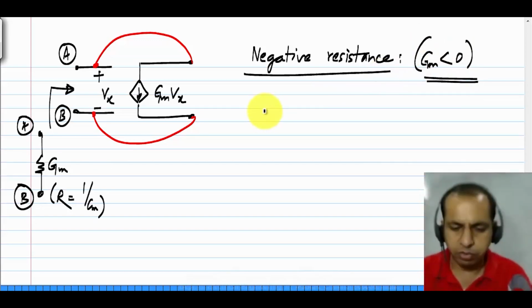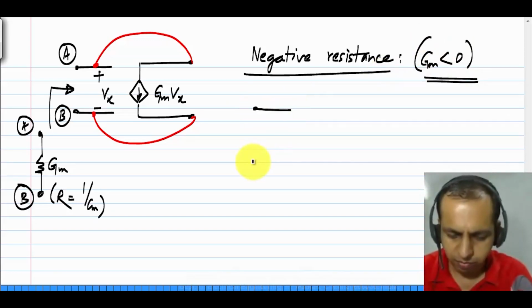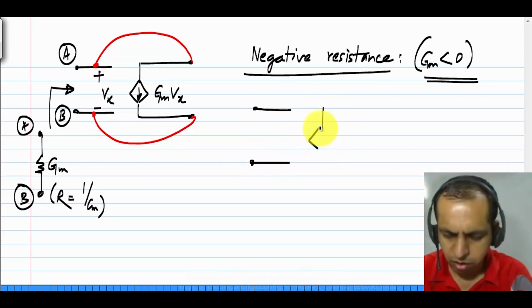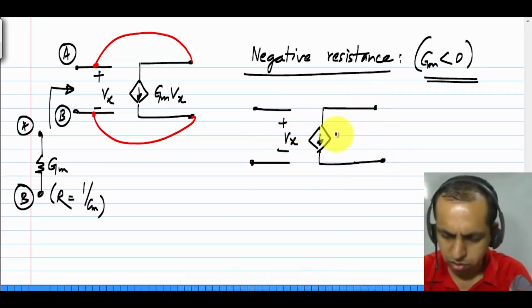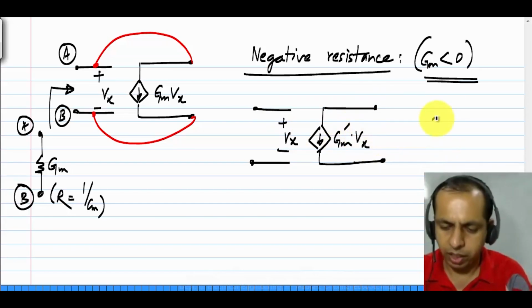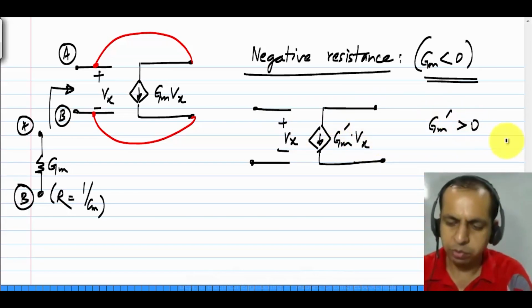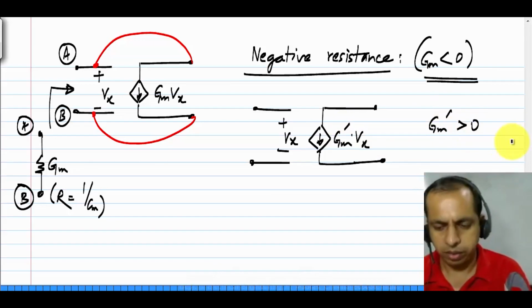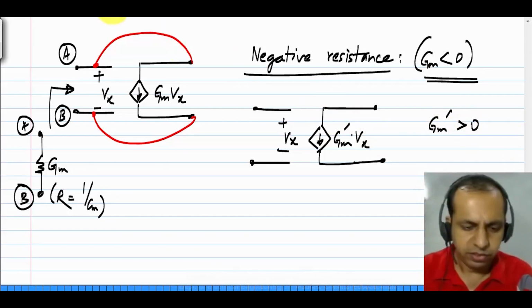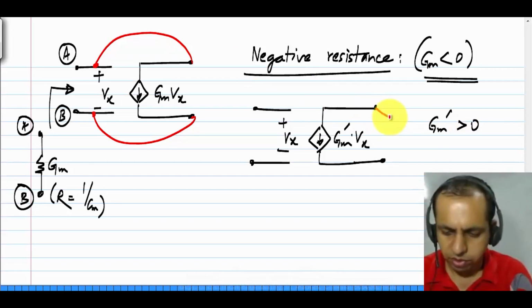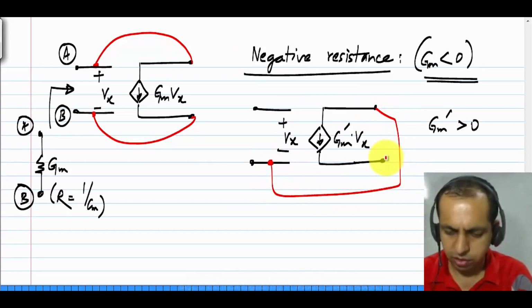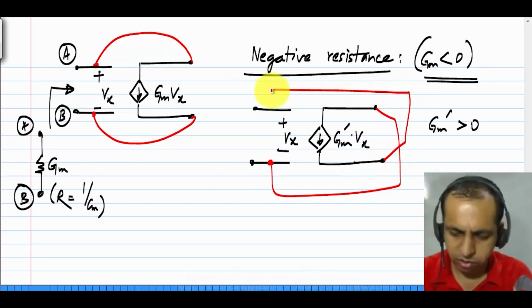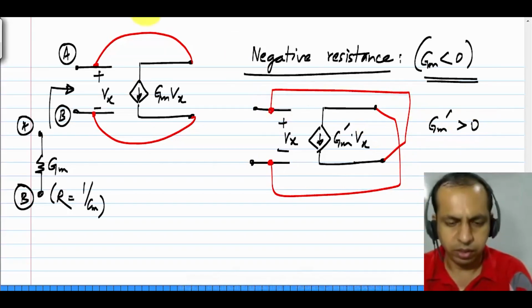So another way to think about it is that, let's say you had a controlled source Gm prime times Vx and Gm prime happen to be more than 0. Okay. Still we can realize a negative resistance. All we have to do is to connect this here and this over there. Okay.